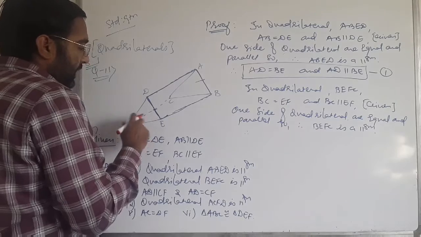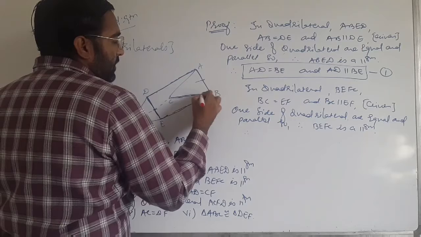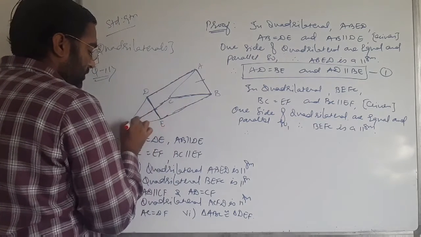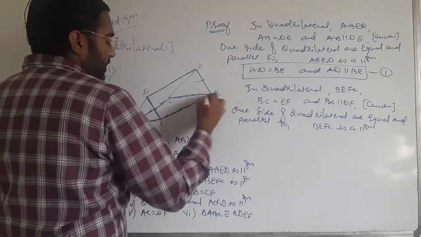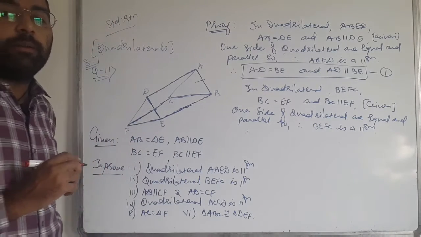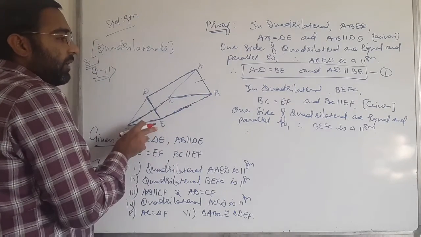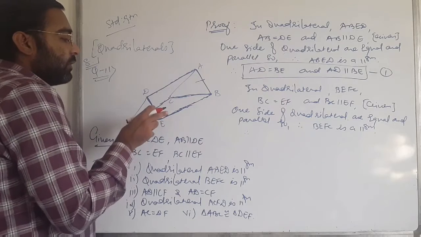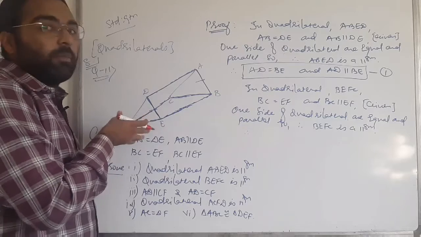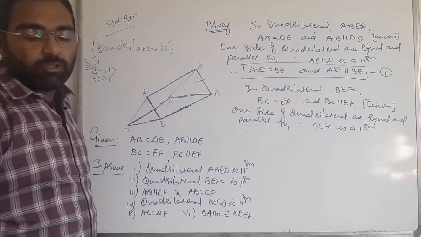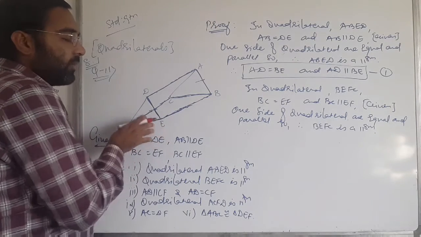Now first of all we have to see BEFC in the figure. Okay. This one part. So in this figure, BC is equal to EF and BC is parallel to EF. In my figure it does not look parallel because of how I drew it, but in the actual figure it is given that BC is parallel to EF.